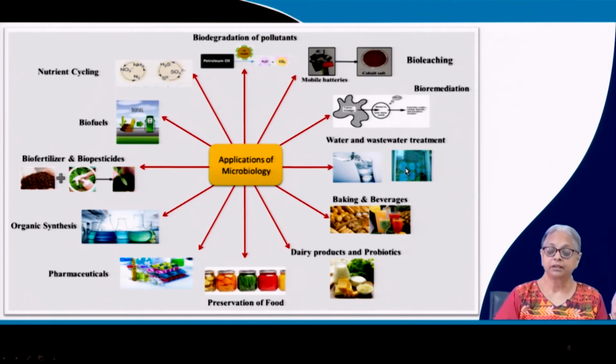When we talk about water and wastewater treatment, in water treatment, the most essential process, you can eliminate every other treatment process, but the one process that you cannot eliminate in water treatment is disinfection. And disinfection has just one objective, and that objective is to eliminate pathogenic microorganisms which may be responsible for causing various diseases.